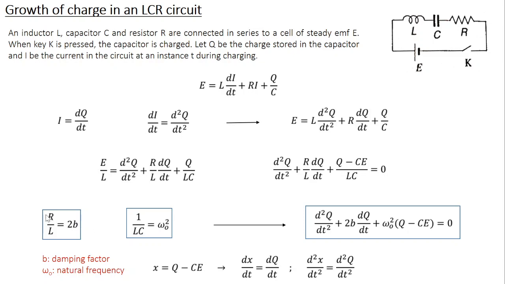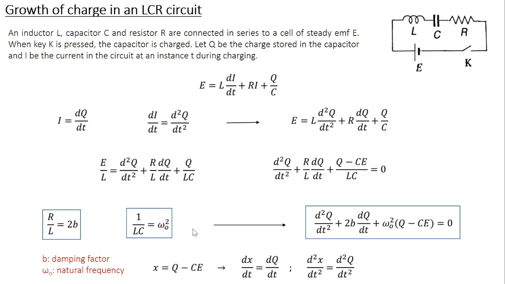Similarly, this factor 2B, or B, is related to resistance, and resistance is the one which induces the damping effect. So you can call this factor B the damping factor. B is related to damped oscillation; omega naught is related to undamped oscillation.